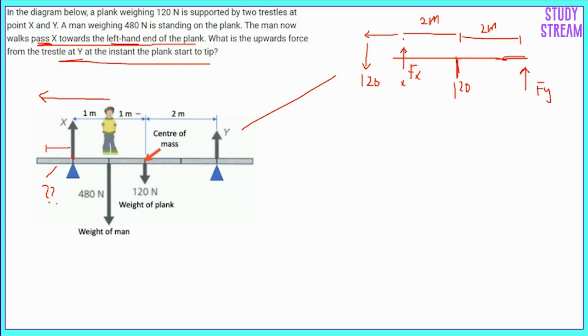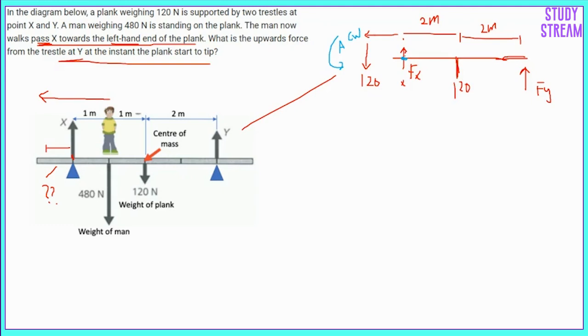Okay, so what is the new direction of rotation? If we look at the weight, if we pivot it around x again, it's going to rotate like that. Anti-clockwise. Yeah, anti-clockwise. And then we're going to take moments around Fx.